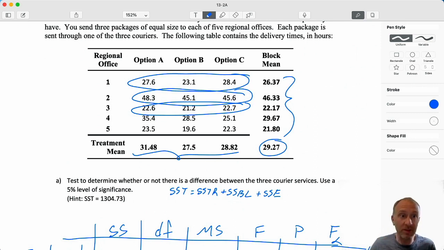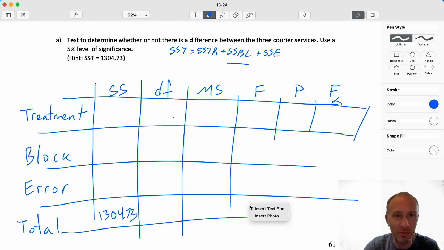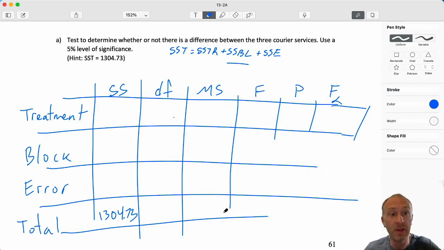And that is what we're going to use to calculate the source of variation due to differences across those blocks, across those experimental units. That calculation is also extremely similar to SSTR that we've done in the past. And then we already have SST, we'll obtain SSE, and the rest of this is exactly the same. It's an upper tail F test.